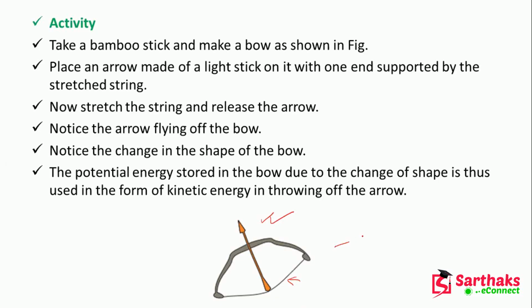At that time, you can see that it will be like this. So this much is the stretch condition after flying of the arrow. The potential energy stored in the bow due to the change of shape is thus used in the form of kinetic energy in throwing the arrow. That means the potential energy has been transformed into kinetic energy here.